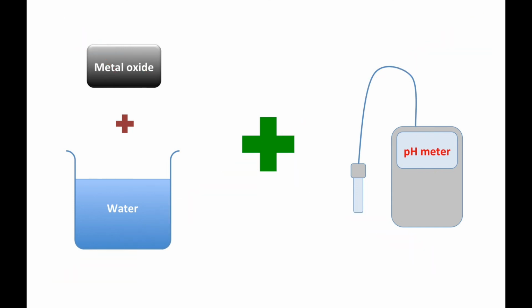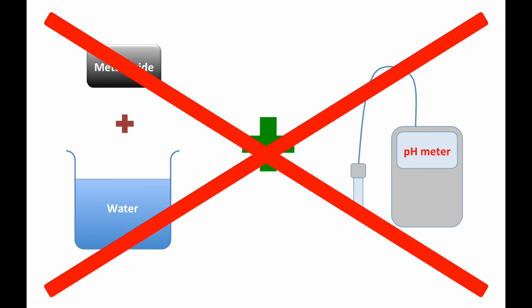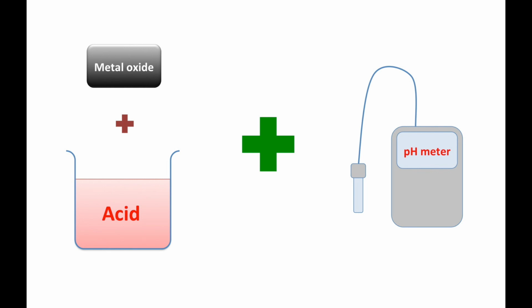But this is not correct because most metal oxides do not dissolve in water, and that means we cannot measure the change in pH value. The correct method is to dissolve the metal oxides in acid but not water, because if the pH meter shows an increase in the pH value of the acid, then we can conclude that the metal oxide shows basic properties.